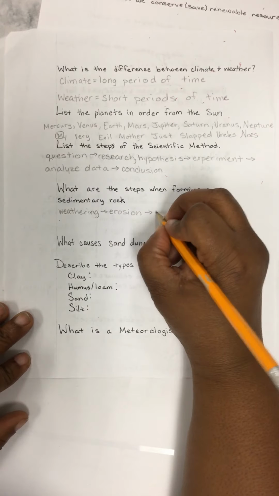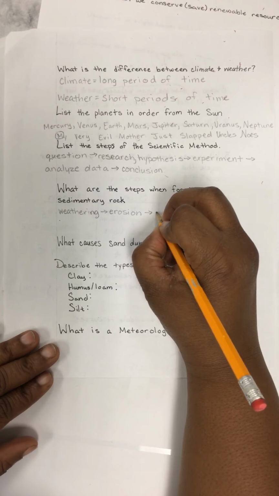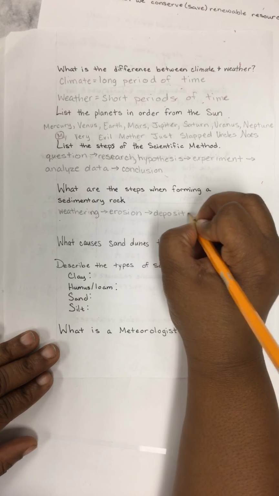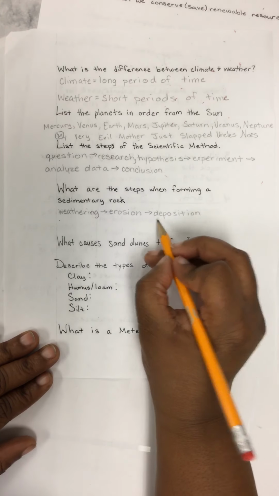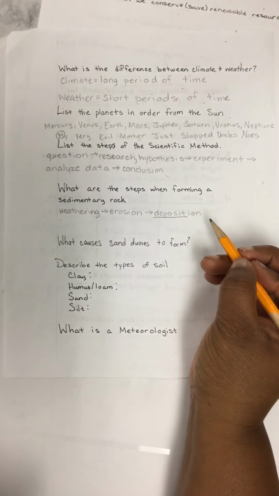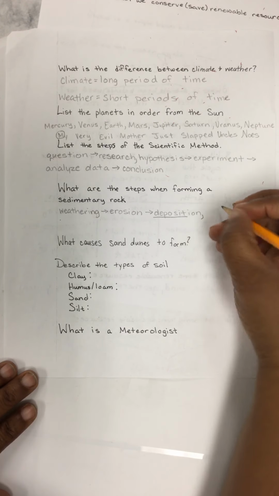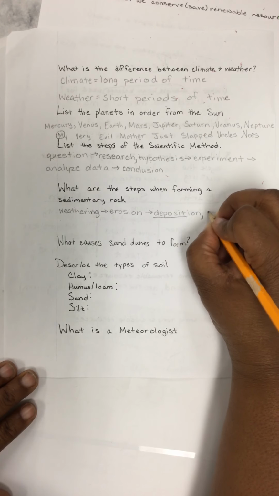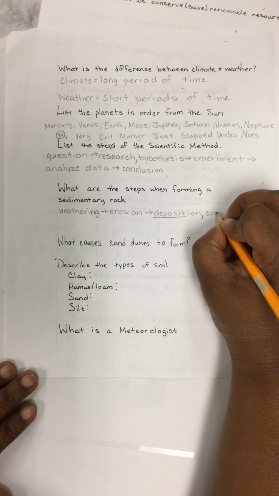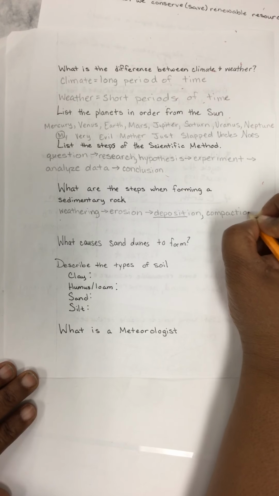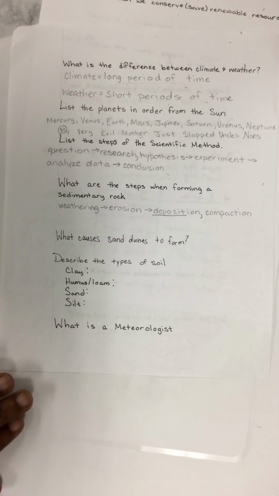The sediments are going to drop somewhere in the world. We have deposition. The keyword there being deposit. After deposition, you're going to compact the sediments together, press them together.